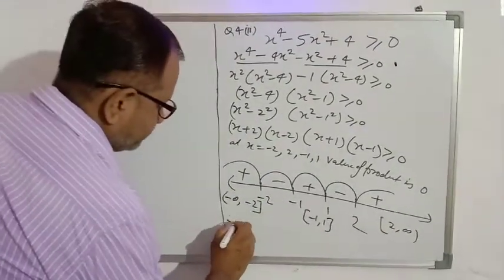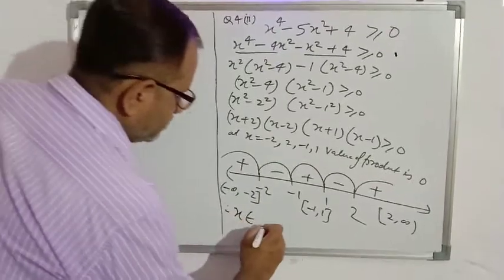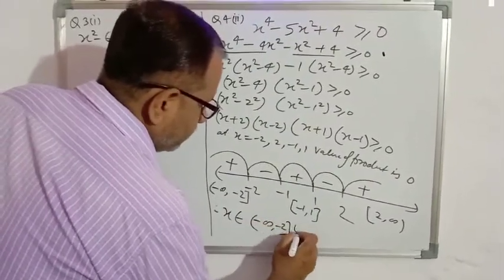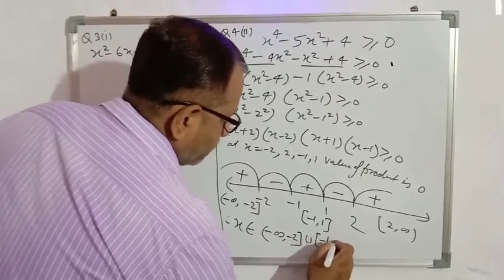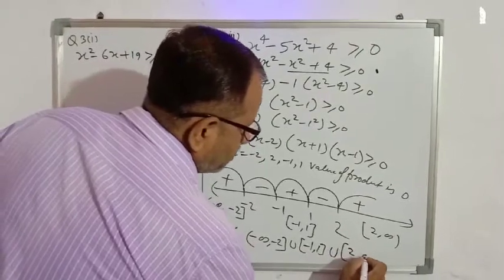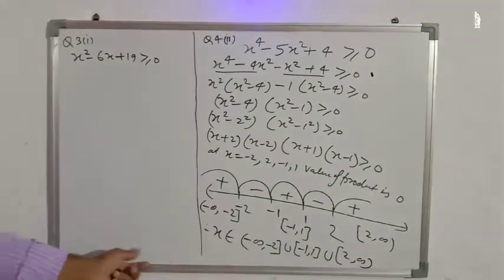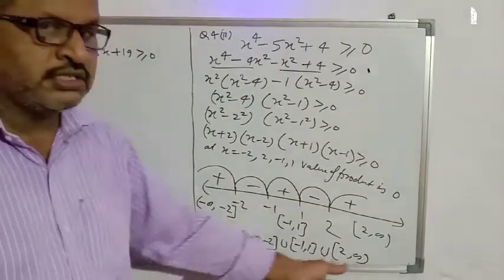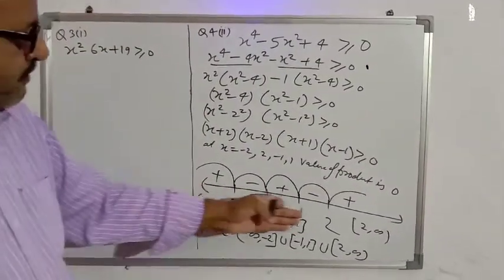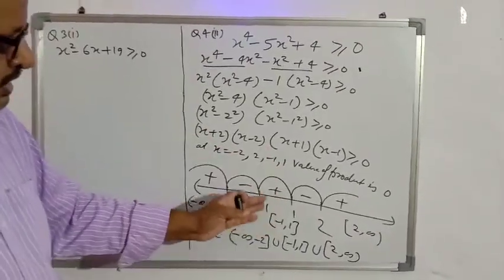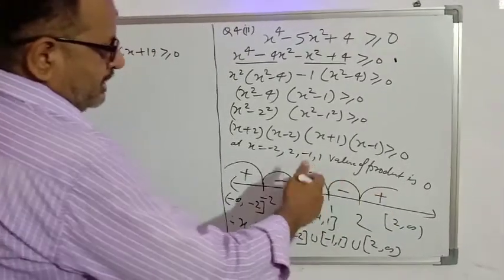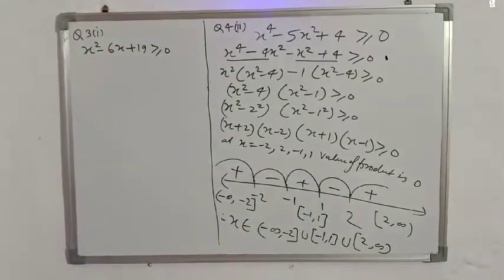So therefore, x belongs to minus infinity to minus 2, union minus 1 to 1, union 2 to infinity. So this is the solution set. x lies in this union. So firstly factorize it, write those values of x for which the product is 0, and then by the method of intervals from the right side we will mark positive, negative alternately.